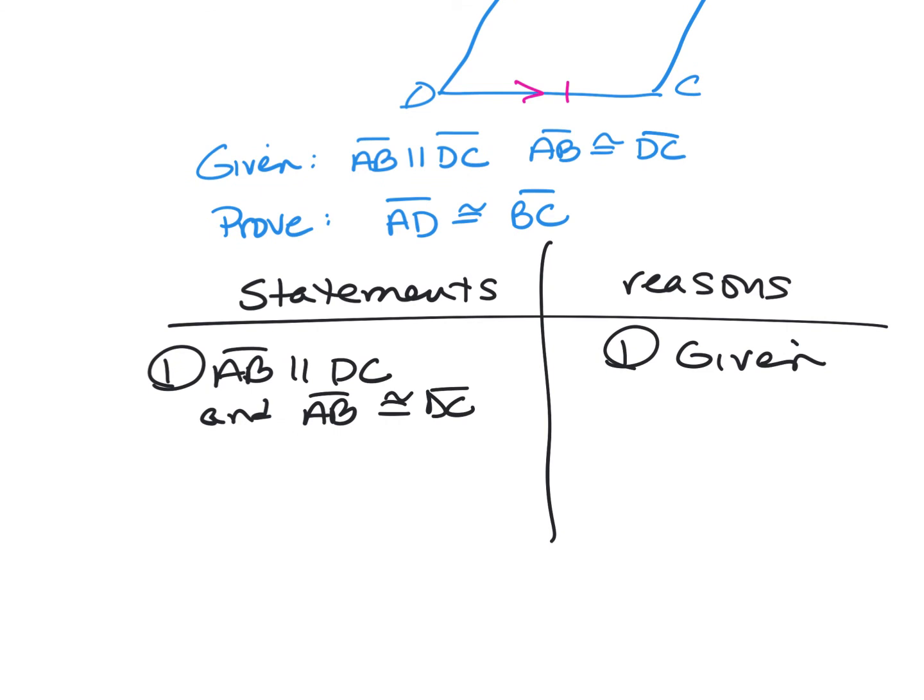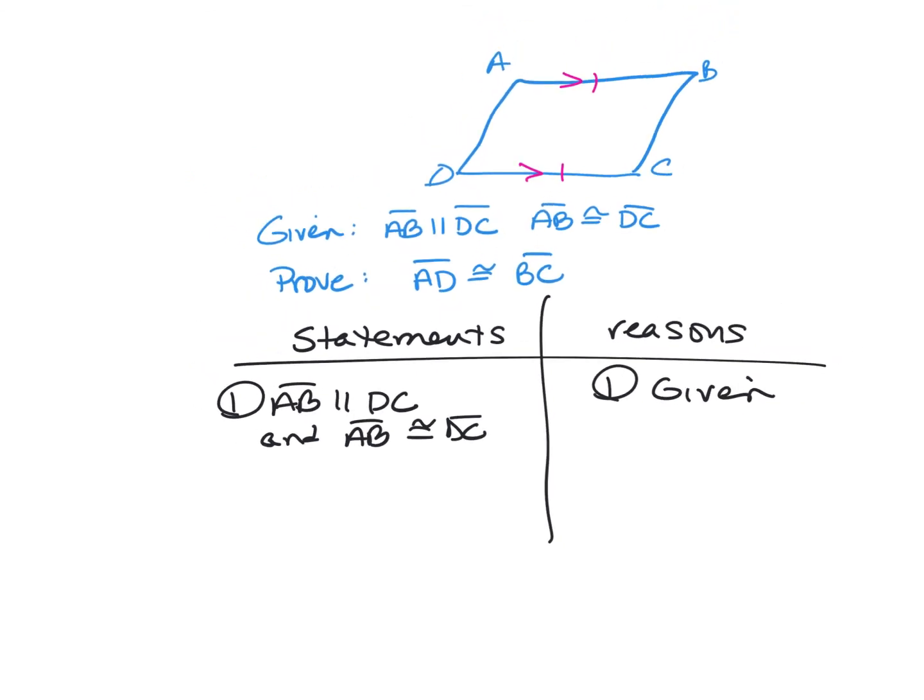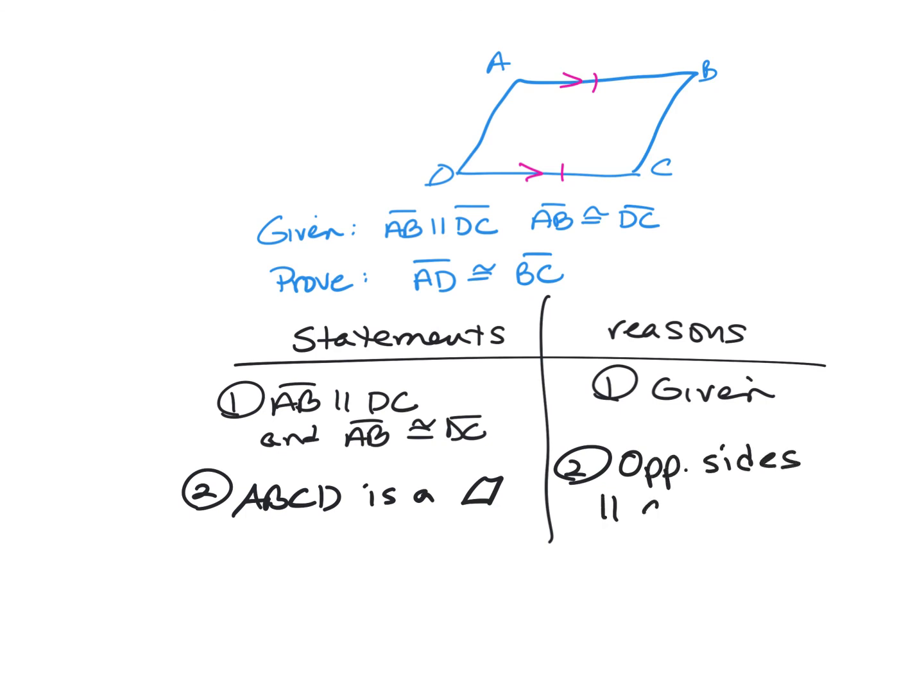Now, because I have one pair of sides that's both parallel and congruent, my next statement is that ABCD is a parallelogram. And my reason is the opposite sides parallel and congruent theorem. And now, because I know that this is a parallelogram, I can state that the thing I'm trying to prove is true.